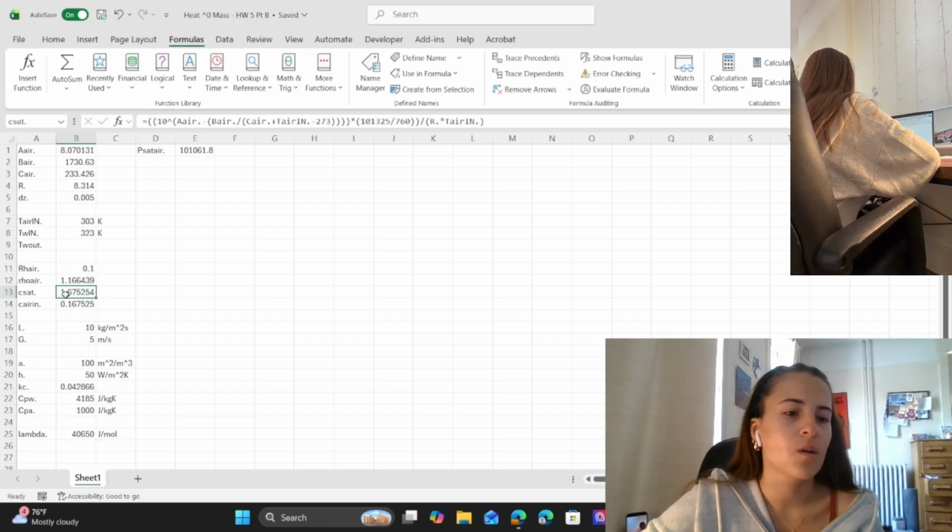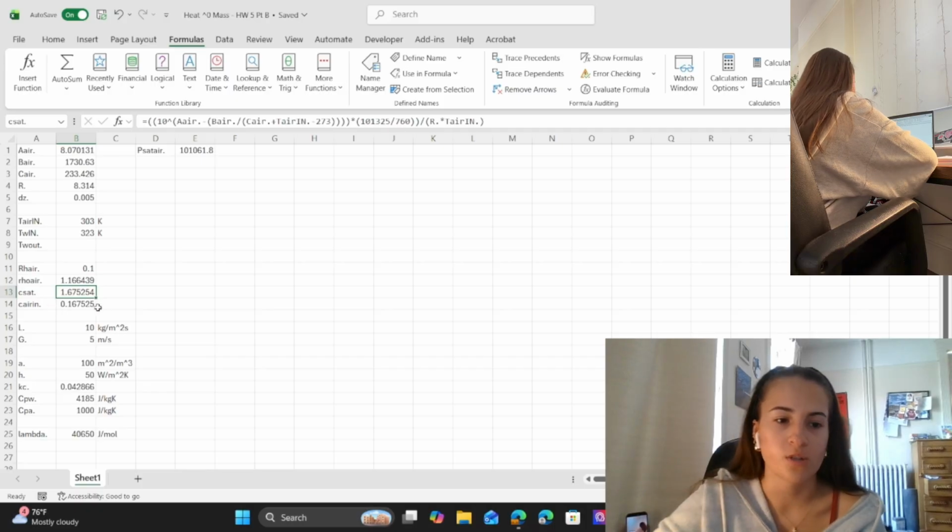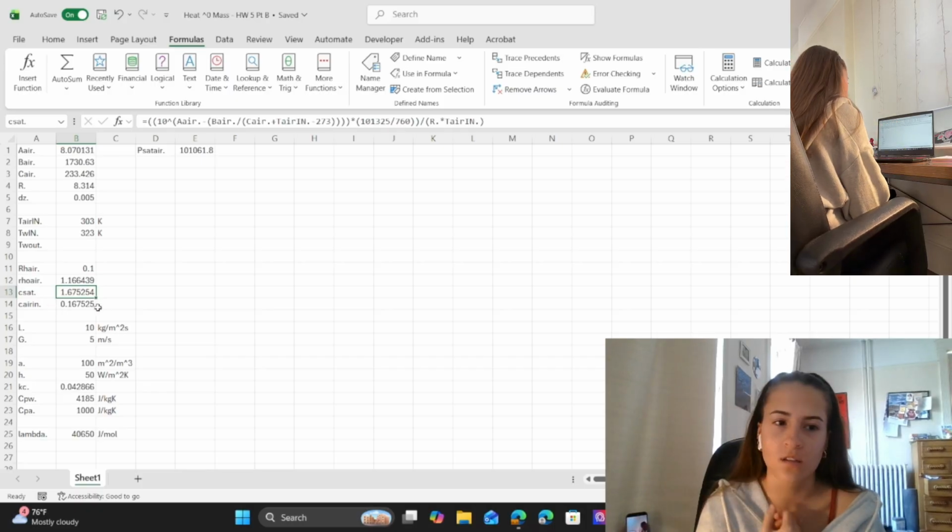So this here is saying what the concentration of water in the air is when it's fully saturated, which means that the relative humidity is 100%, and this is what it is coming in because we know that the relative humidity coming in is 0.1. And so 0.1 of 100% humidity, that's what the concentration coming in will be.